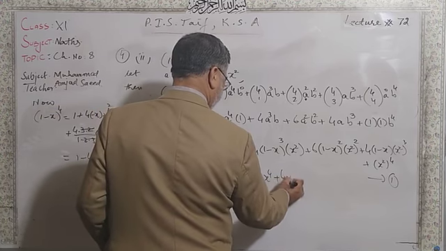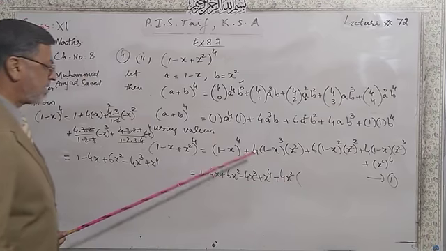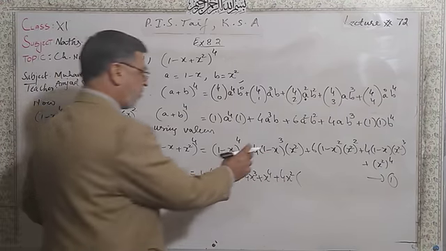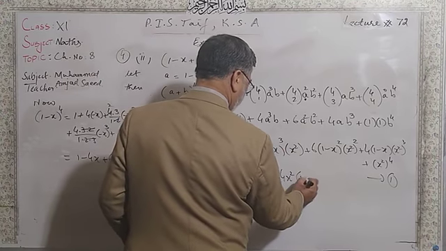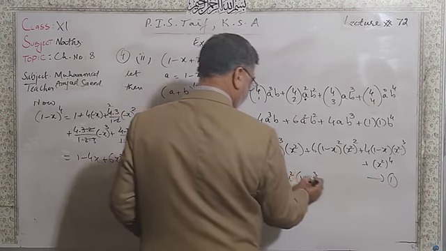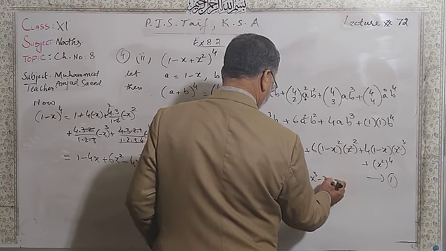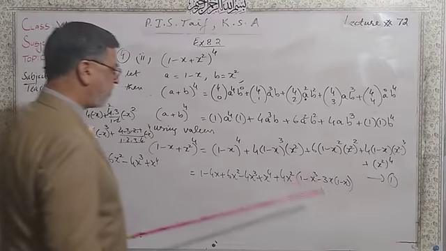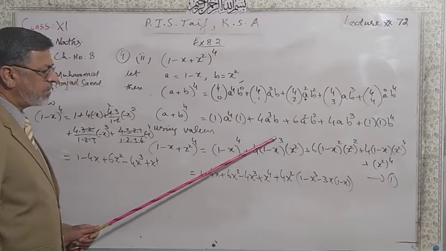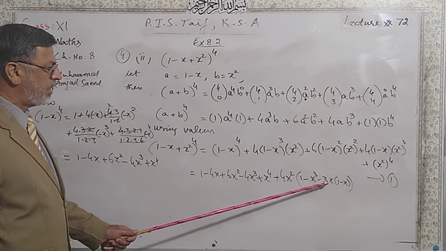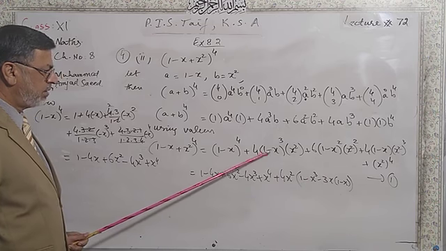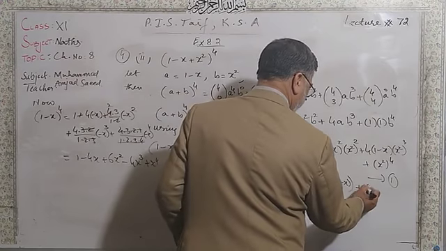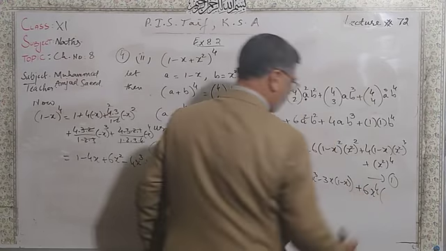Then plus 4x square into 1 minus x cube. We can open up the formula of 1 minus x cube, that is a cube minus b cube minus 3ab into a minus b. This is our formula, a minus b whole cube. And after that we have 6x power 4.